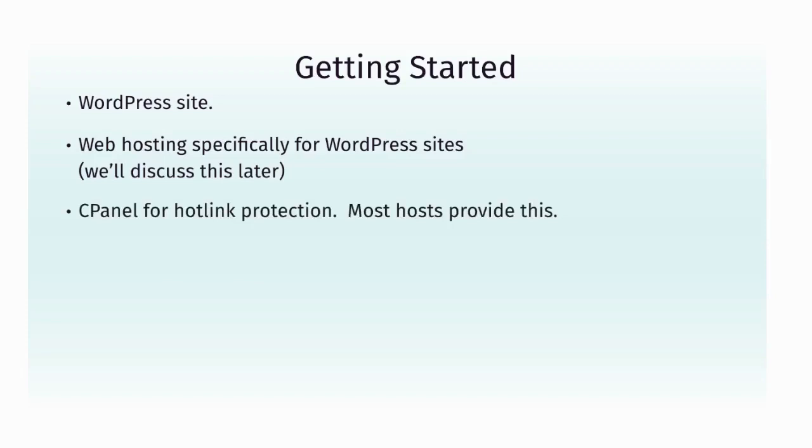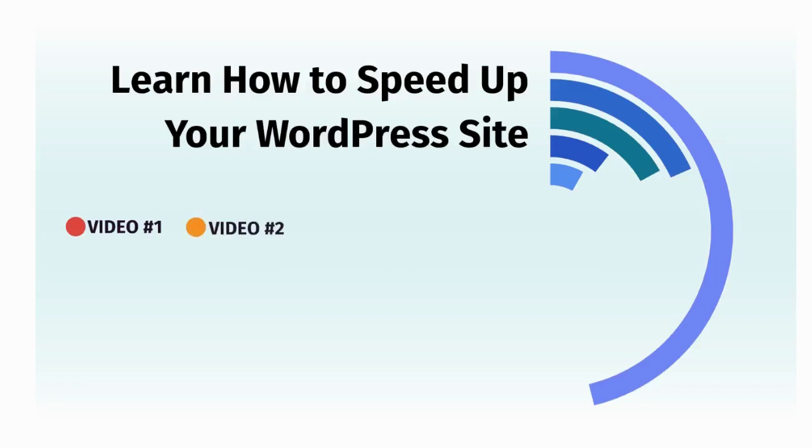Most hosts provide cPanel. If you're not using cPanel, then most likely you do have hotlink protection on it that is typically built in. And of course, you will need to have extra money for possible content delivery networks and image optimization. So let's move on to video number 2.